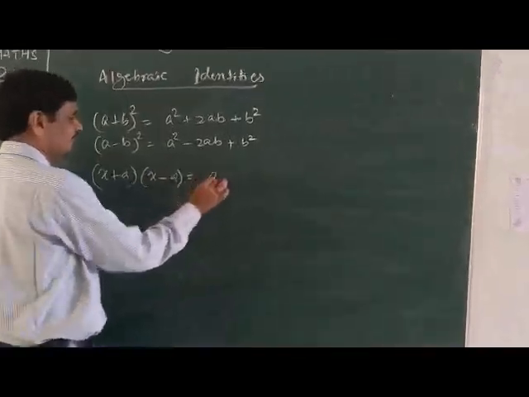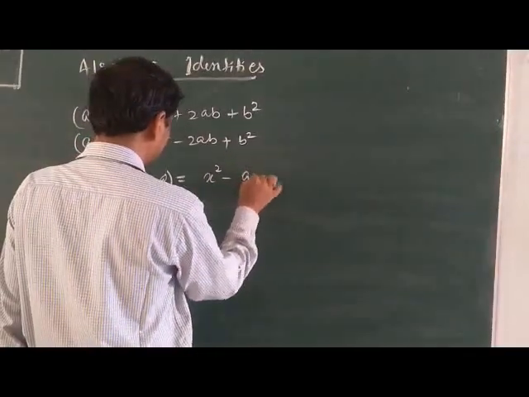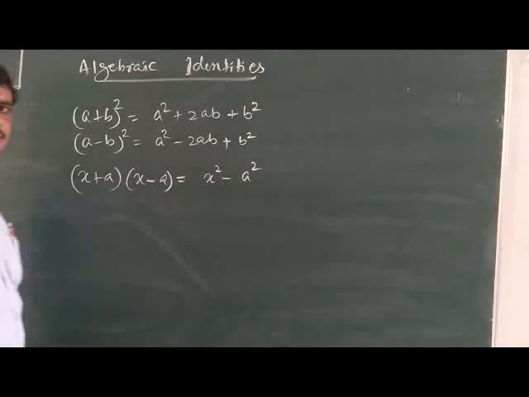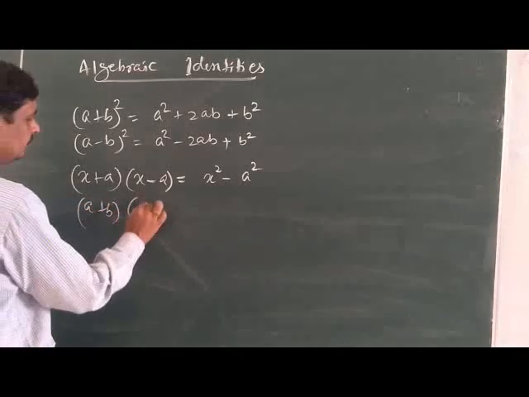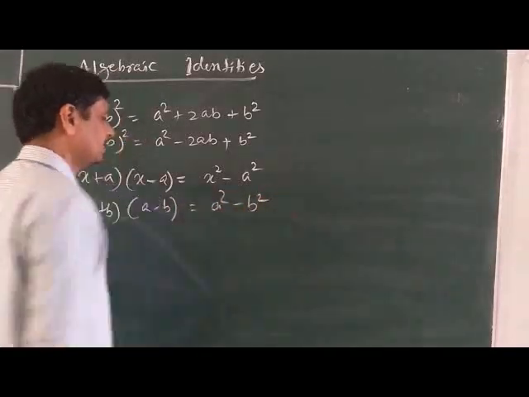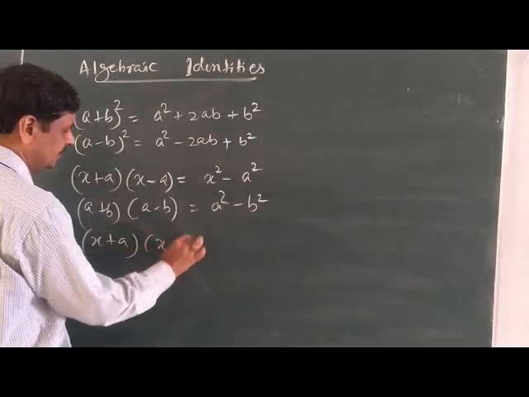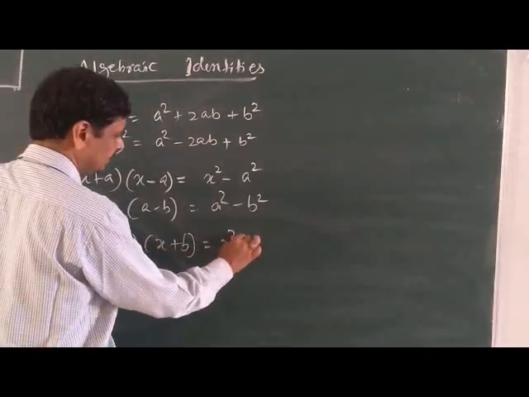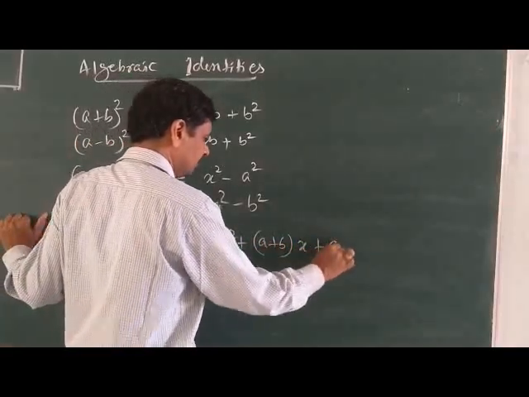It becomes x square minus a square. Or you can write a plus b into a minus b, we get a square minus b square. When it is x plus a into x plus b, it is x square plus a plus b into x plus ab.